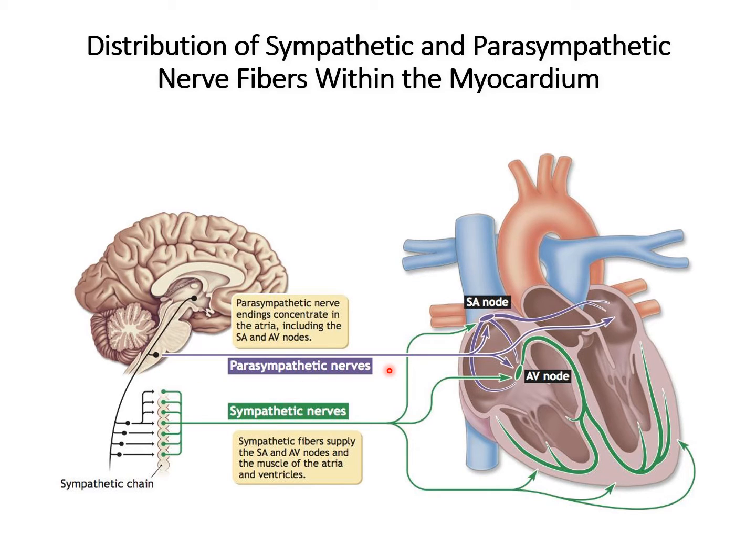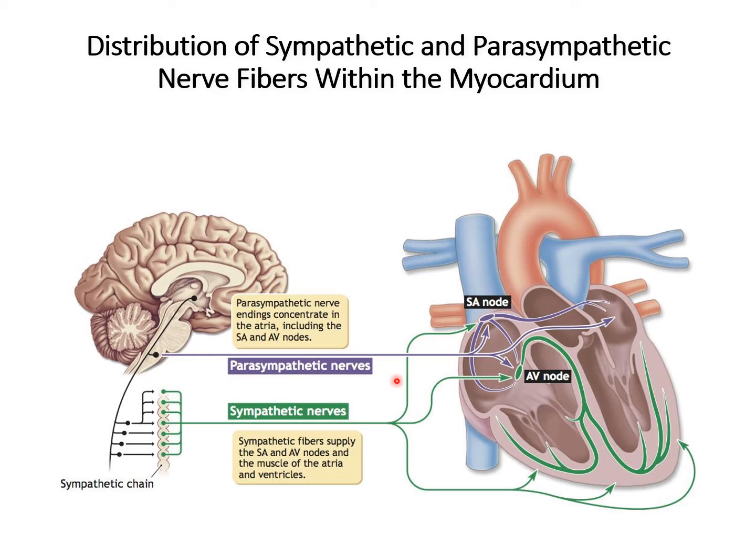When the parasympathetic nerve fibers are passed to the heart, we generally see them more in the SA node and more in the atria. So when we talked about the intrinsic regulators of the heart, we talked about the SA node being the pacemaker. So if the heart was left to its own devices, as you know, it would beat at 100 beats per minute.